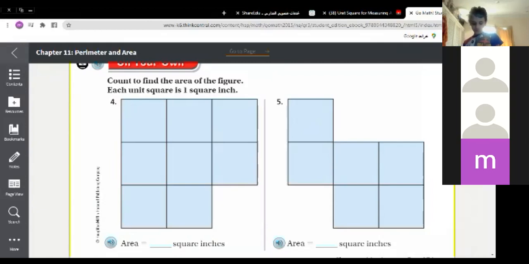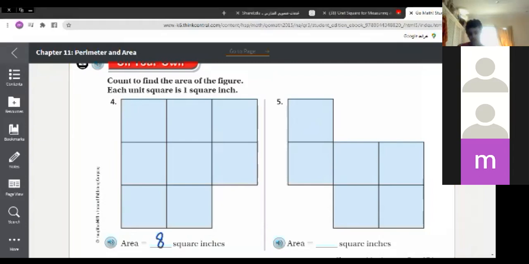How many square inches? 8 square inches. Omar, number 5. How many square inches? 6 square inches.